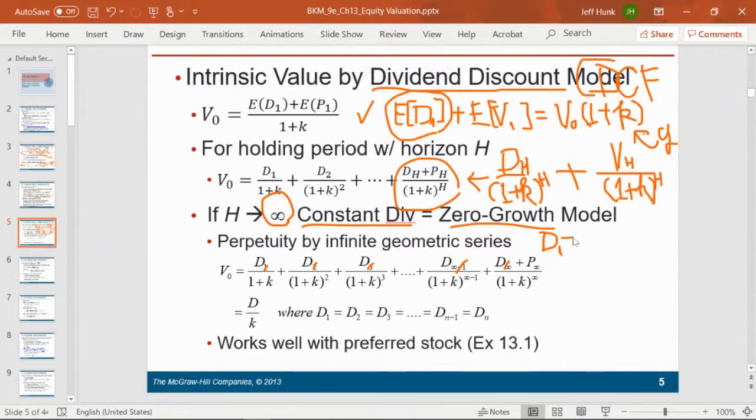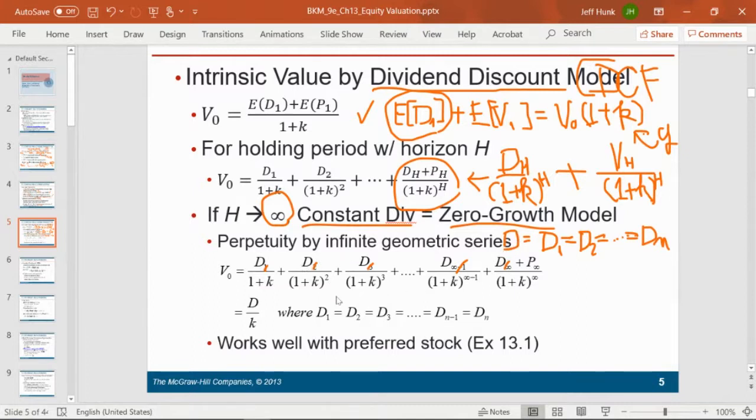Dividend 1 is equal to dividend 2, which is equal to dividend 3, and it goes on forever, which is also equal to dividend n. So there is no point in using a time subscript because they are basically all D, the same dividend.